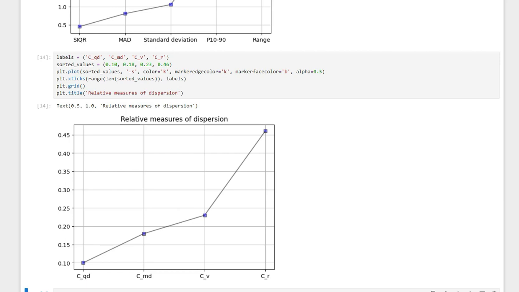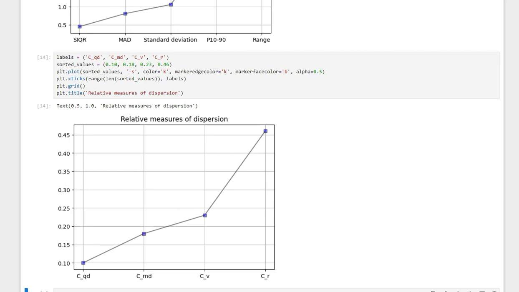Again, quartile deviation is smaller than the mean deviation, which is smaller than the variation, and then we have a larger coefficient of range. So this indicates a larger amount of variability relative to the range or the entire data set.